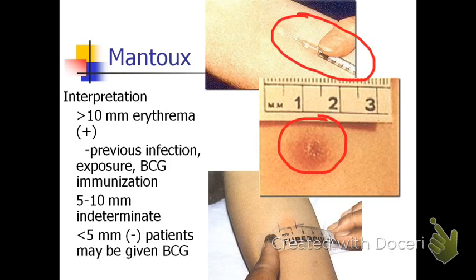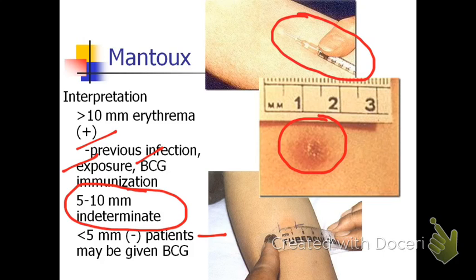Less than 5 millimeters means that it is a negative result, thus the patient has not yet been exposed to tuberculosis. Once you get a positive result, it means that you had a previous infection, or you had been exposed to tuberculosis, or you just underwent BCG immunization. 5 to 10 millimeters is indeterminate, so you cannot make a conclusion out of this result.